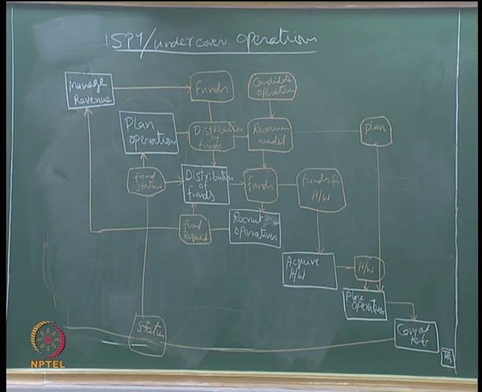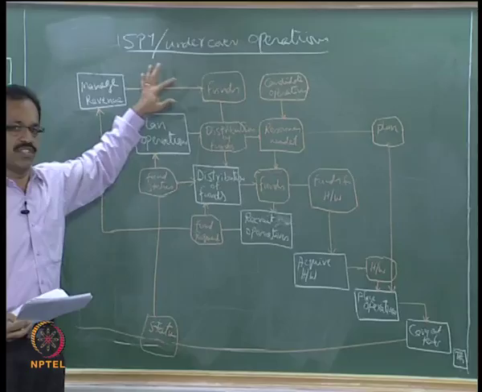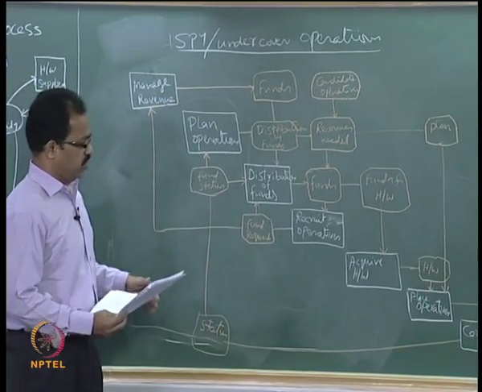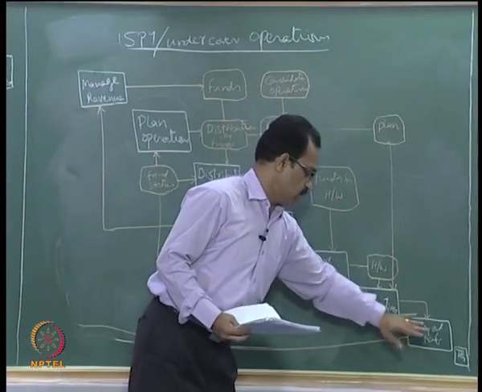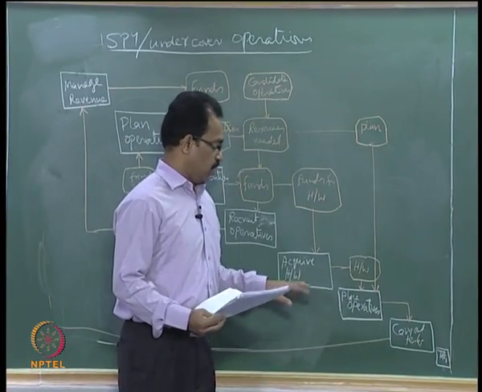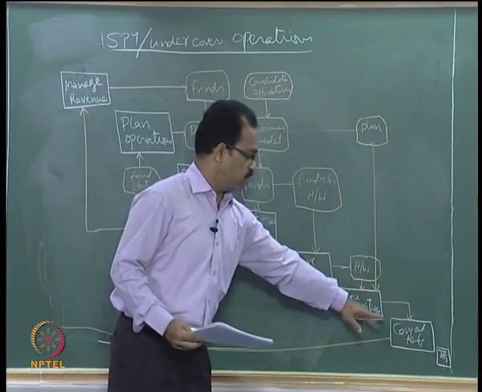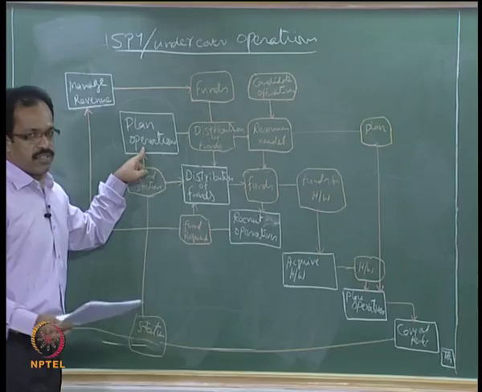So these are the various activities involved in this kind of spy work or undercover operation. You can see that there will be minimal interaction between various entities. You can see that those who are carrying out the actual task or the plans will not be interacting with any other agency except the operatives only, and finally the planning operation when it is completed.